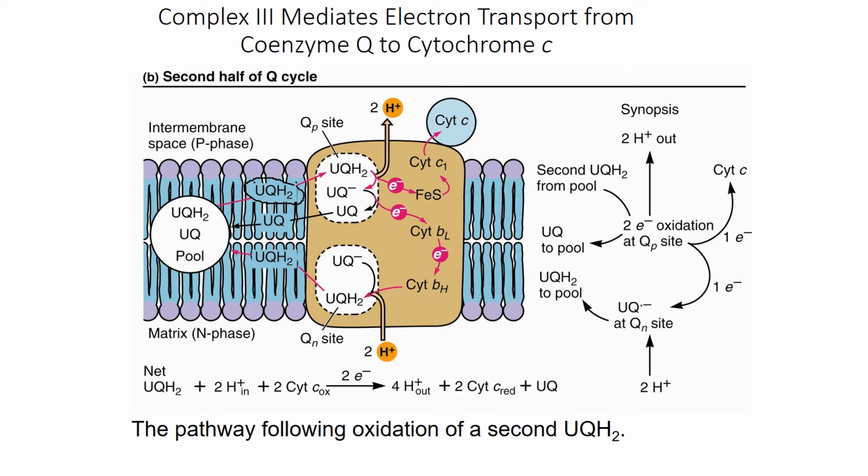This picks up the second electron, is reduced to UQH2, which then diffuses out into the membrane. So this part of the pathway follows the oxidation of a second UQH2.